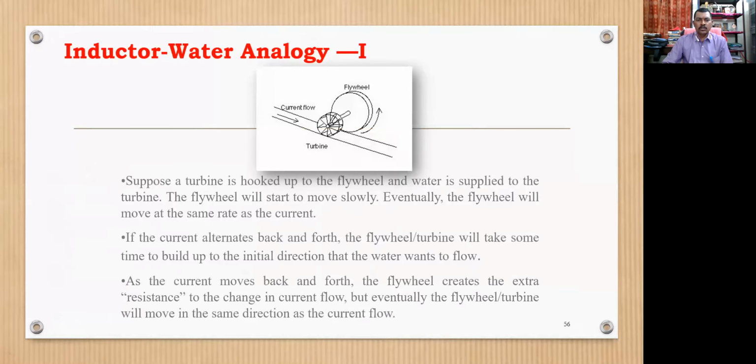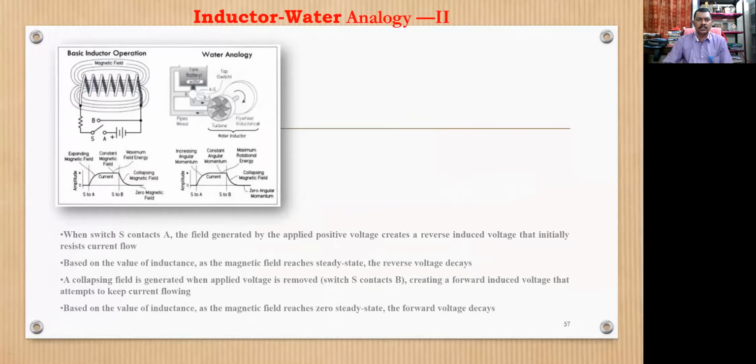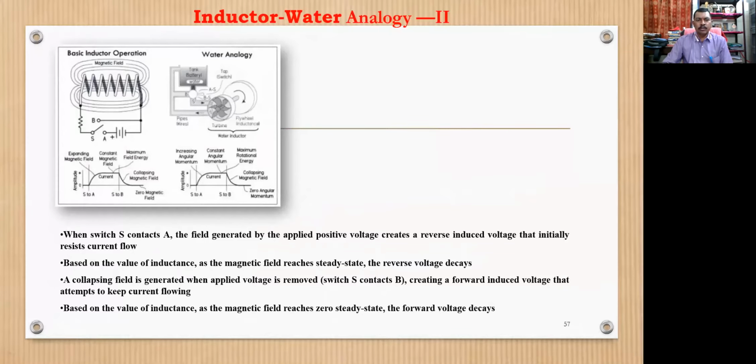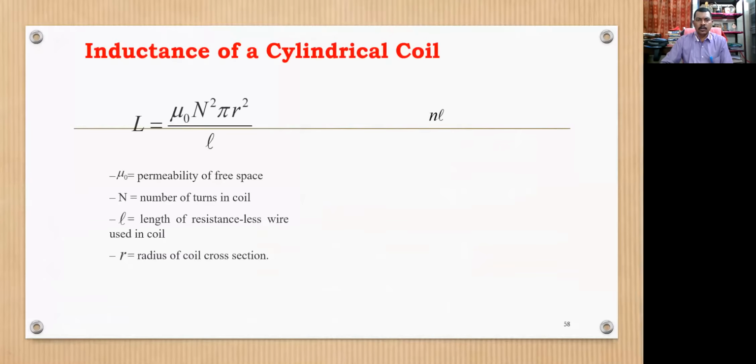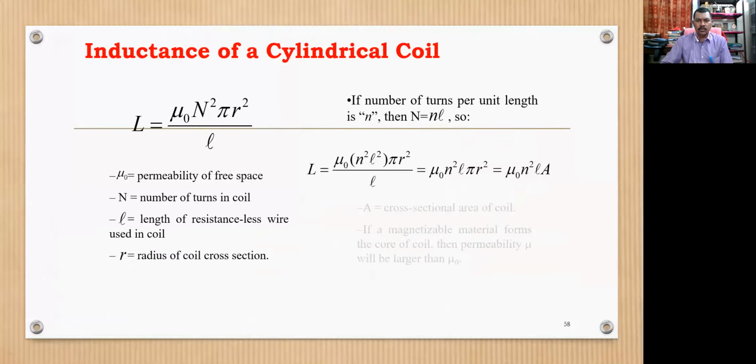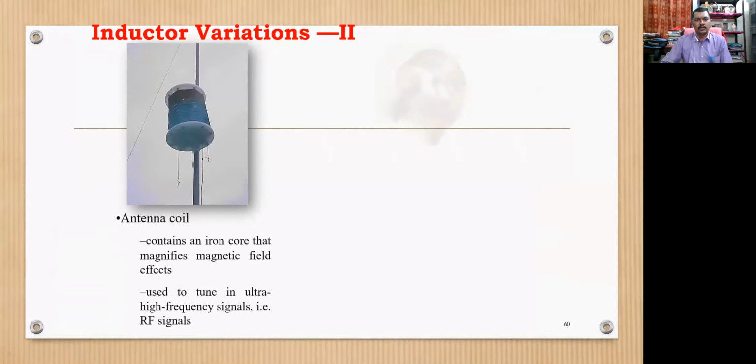This is a water analogy circuit. This is how the magnetic field is generated: whenever there is a change in the magnetic field or the EMF, a current is generated. This concept is used in hydropower stations. And the formula of the cylindrical coil, and these are some examples of coils.